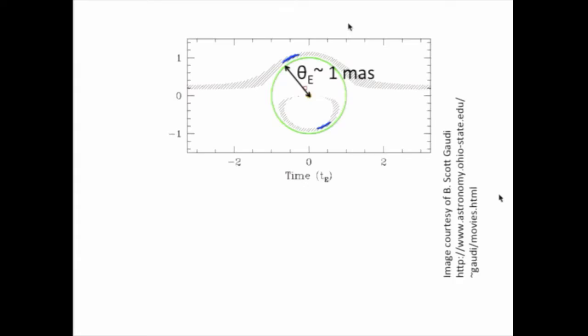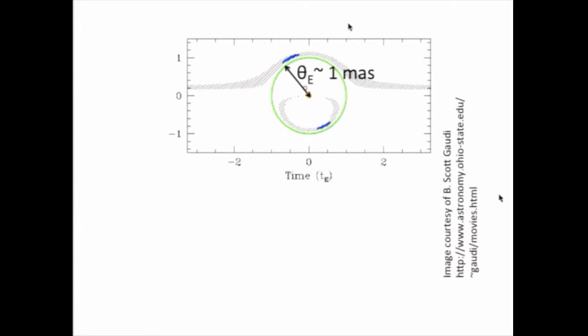The second thing about this 1 milliarcsecond is that you can see that that's about the separation between the two images, right? And so 1 milliarcsecond is 1,000 times smaller than a seeing limited image of a star. 1 milliarcsecond is still a factor of 10 smaller than the best you can do with AO, with adaptive optics imaging. 1 milliarcsecond is really small.